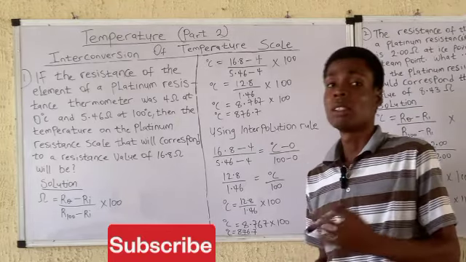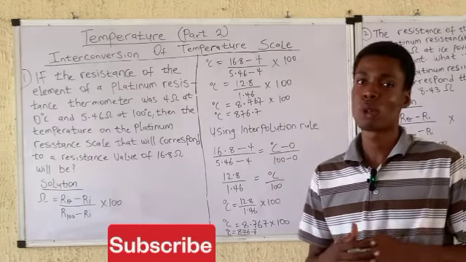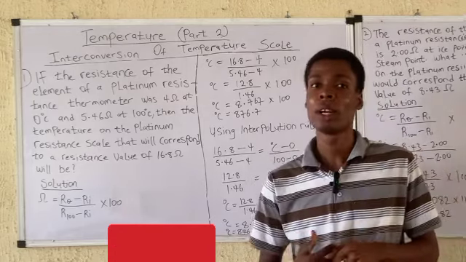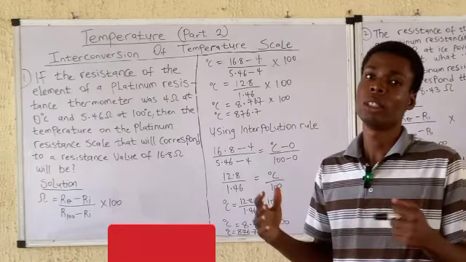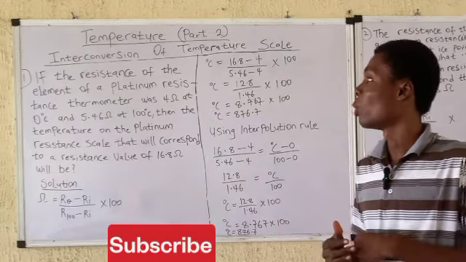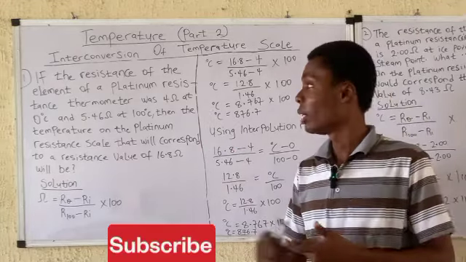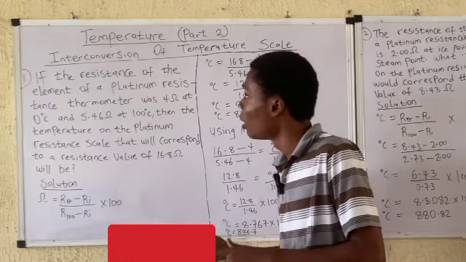Now we take some examples on resistance in temperature. Now in solving resistance questions, we have two ways of solving it. We can either use the formula or we use the interpolation rule, the rule that we have been using to interconvert from one temperature scale to another. Now we'll be using the two rules in solving some questions. Now let's take the first question.